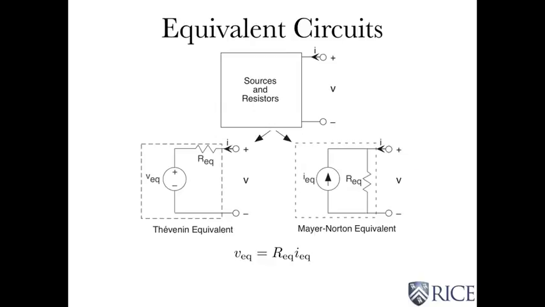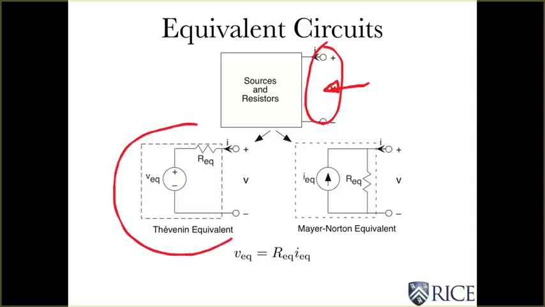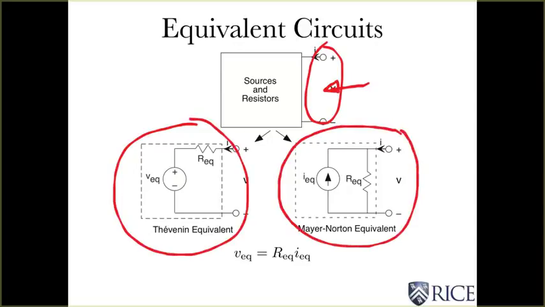We think about this pair of terminals out here as a place where you're about to attach some other circuit, and you want to know what that circuit looks like in order to simplify your calculations. You can describe it either as a voltage source in series with a resistor, or as a current source in parallel with the same resistor, whichever seems to be the easiest approach for your application. They both apply. You can do either one.